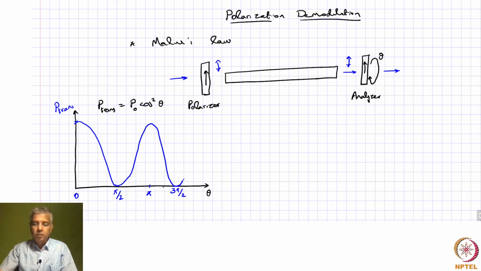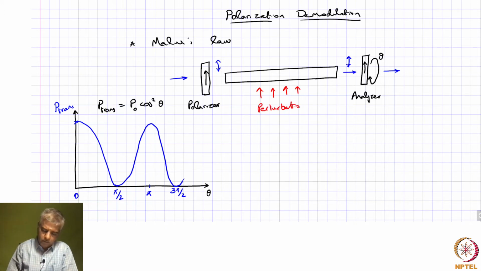Now how do we pick up any perturbation? If there are some perturbations that this medium is exposed to, then the output polarization is going to change. So let's say it shifts to some sort of an elliptical polarization, right?